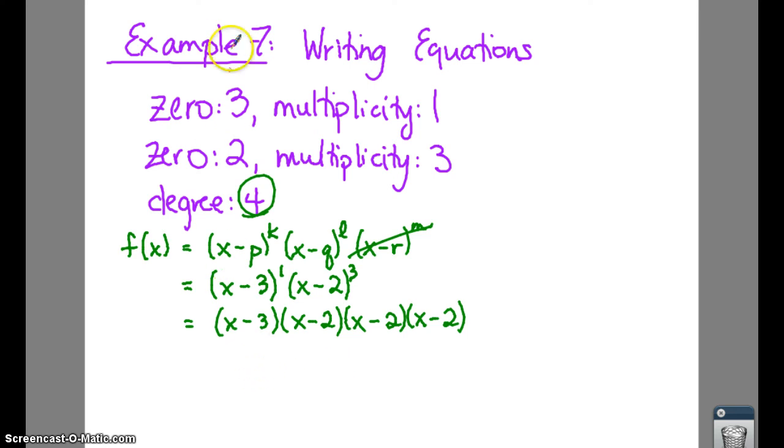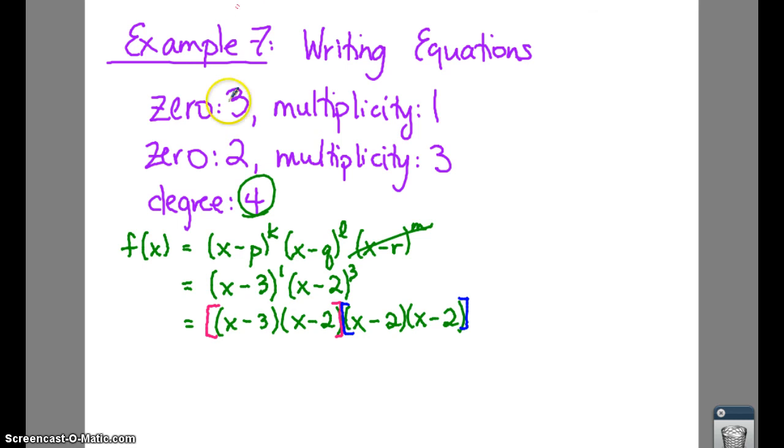Now in order to simplify this, you're going to group the first two binomials together and multiply those. Then you will also group together your last two binomials and FOIL those. And then we're going to have to FOIL one more time.